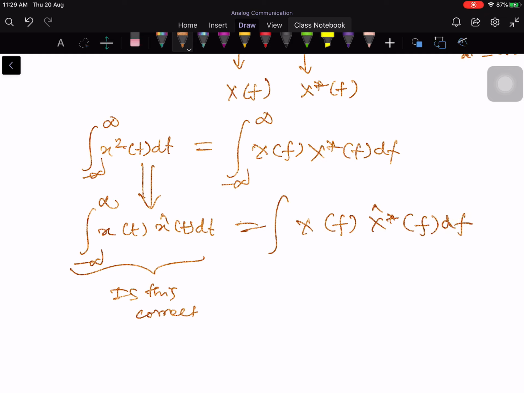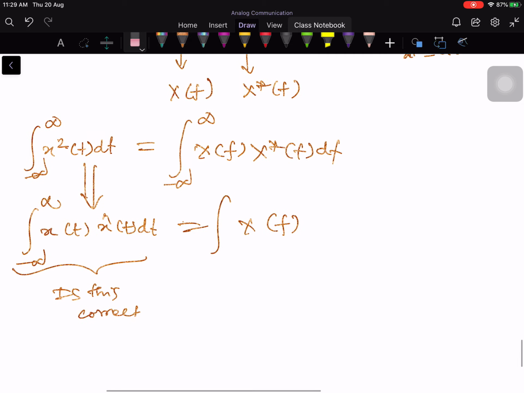Because of conjugation, hold on, I made a mistake. Minus j times signum of f times x conjugate of f into df.